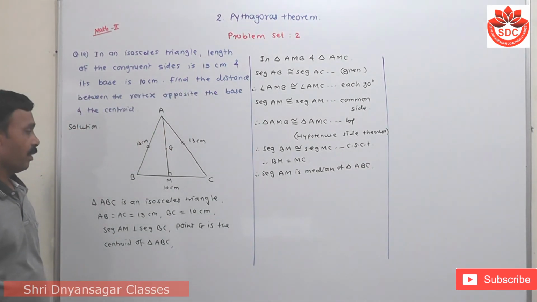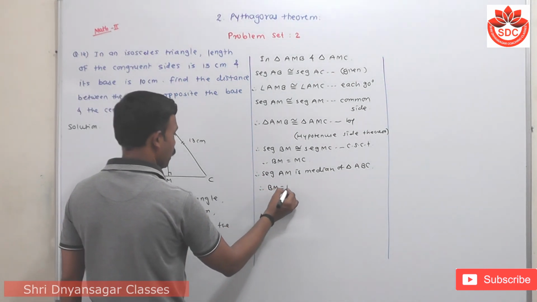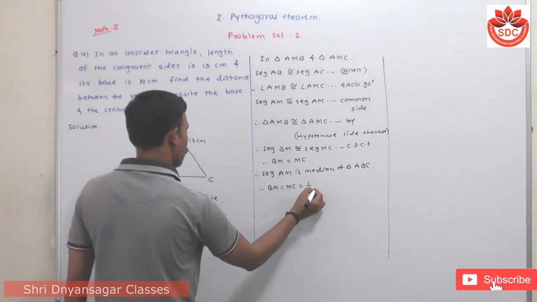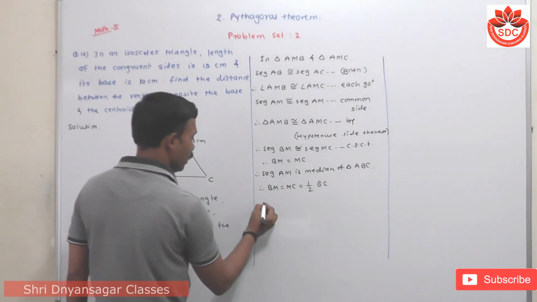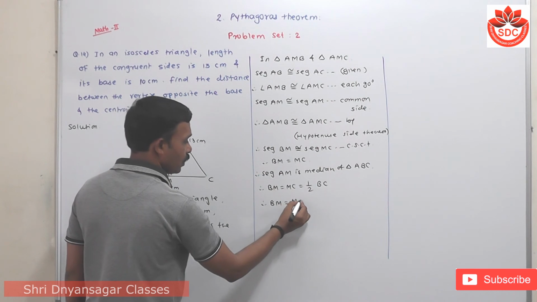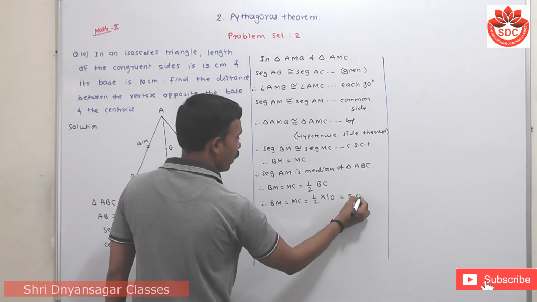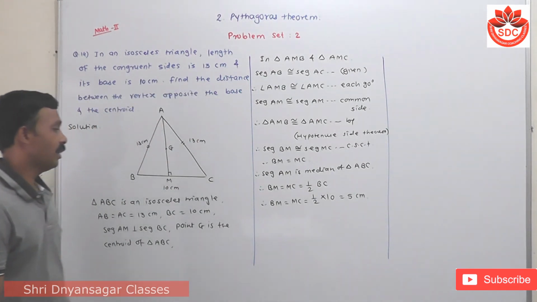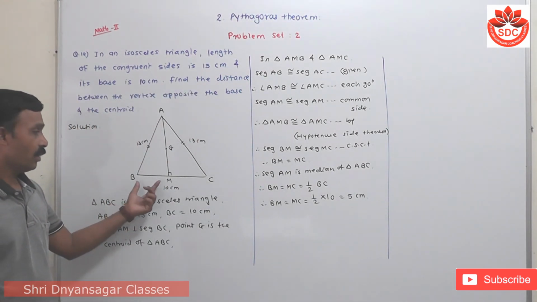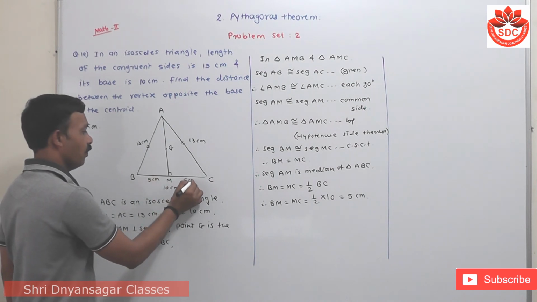BM is equal to MC is equal to half of BC, half of 10, which means 5 centimeter. So BM is 5 centimeter and MC is also 5 centimeter.